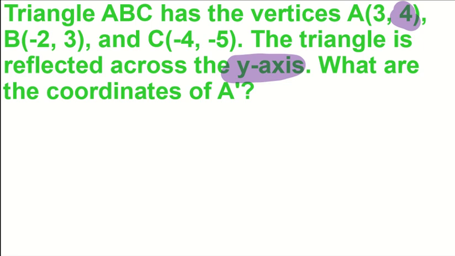So we reflected over Y, Y stays the same. The X value then changes signs. So if I reflected over X, it'd be the other way around. X would stay the same, Y would change signs. Okay? Any questions there? Reflections generally are a lot quicker, a little bit easier.